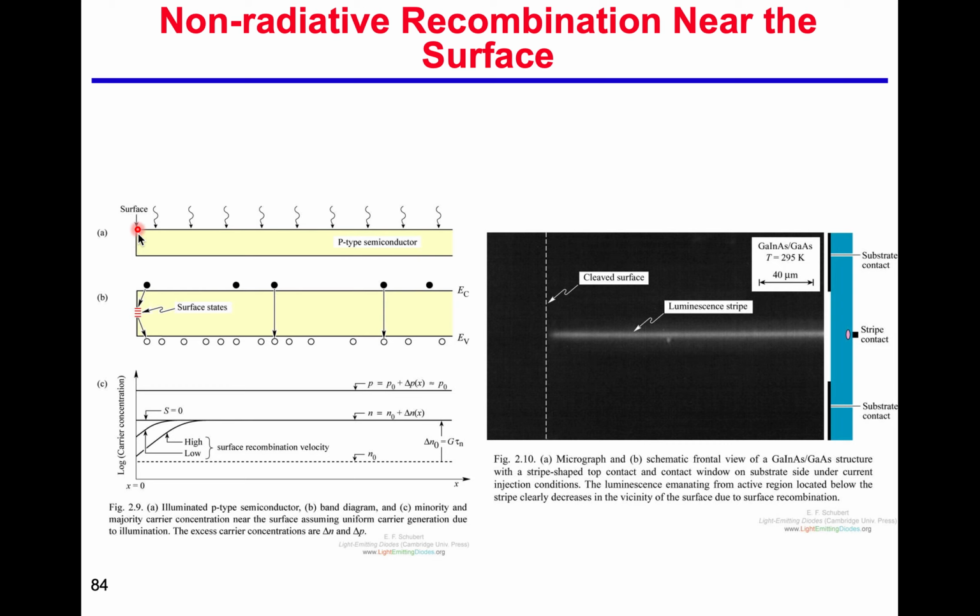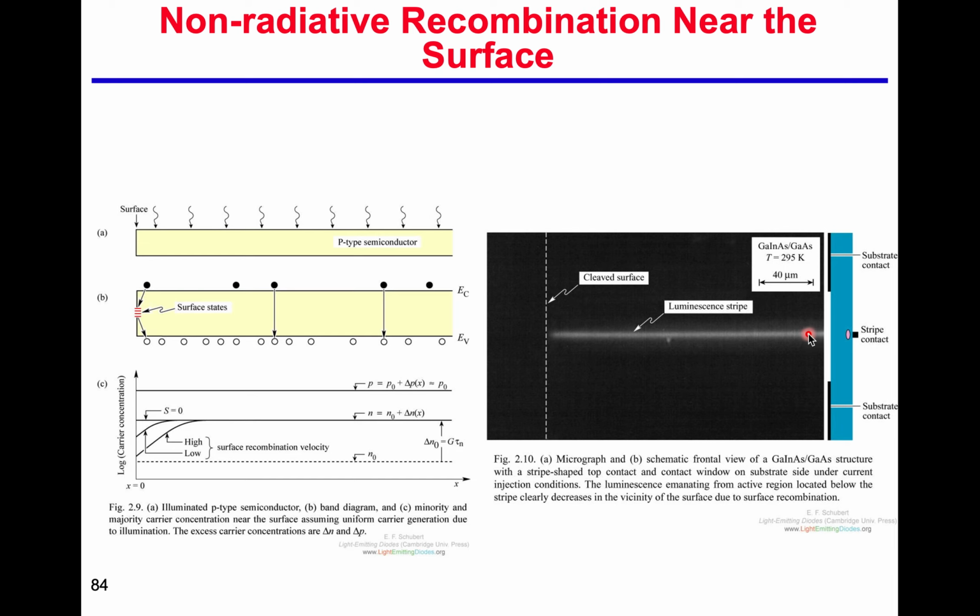And at this surface, there's no repeated structure, okay? Which means they will introduce some traps here. So when we illuminate the semiconductor, we excite the semiconductor, and it will emit some light, okay? So you will see from the side view, okay?